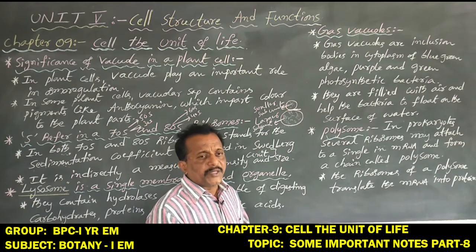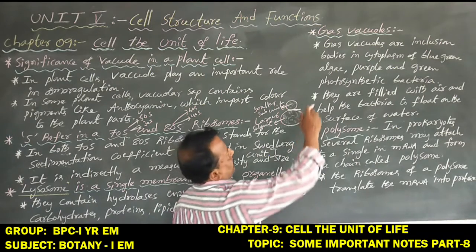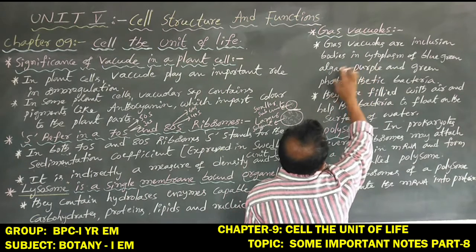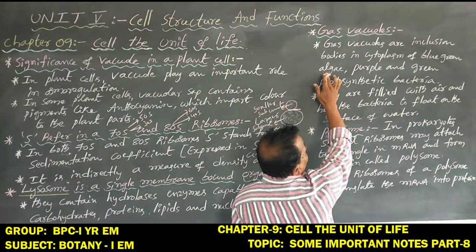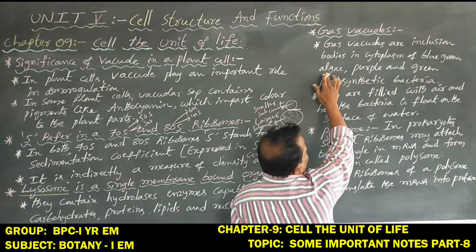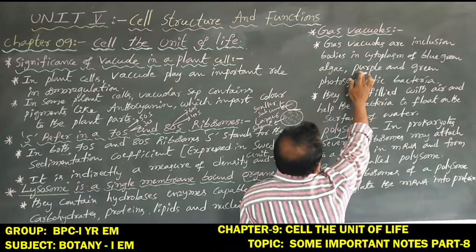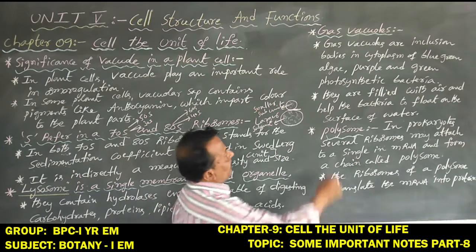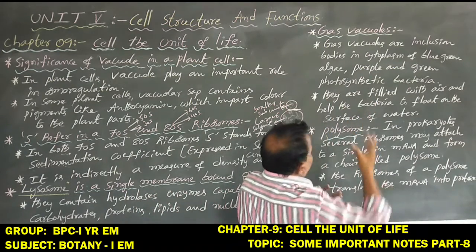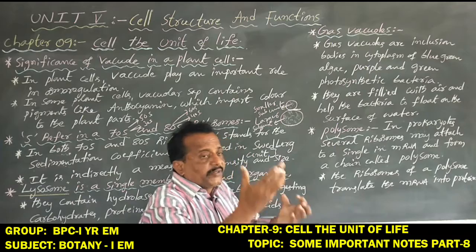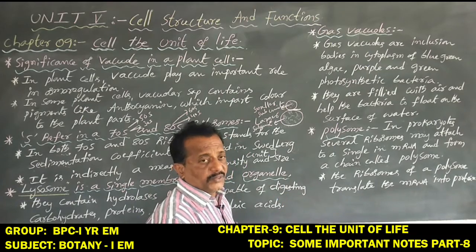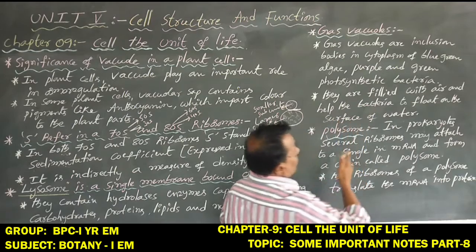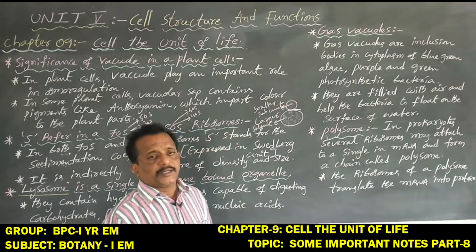Gas vacuoles are inclusion bodies in the cytoplasm of blue-green algae, especially Nostoc, Anabaena, and purple and green photosynthetic bacteria. They are always filled with air, and help the bacteria to float on the surface of water.